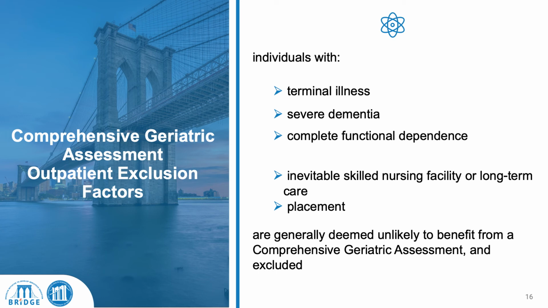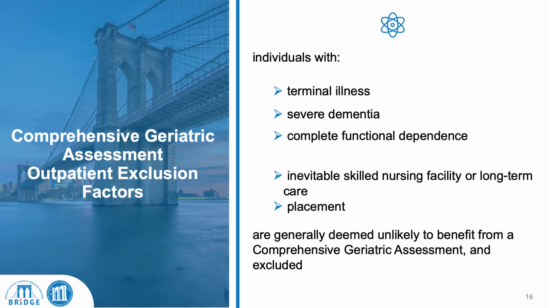Inevitably, skilled nursing facility or long-term care placement. So they may currently be outpatient living in their homes, but imminently they will be admitted or recommended to be admitted to a skilled nursing facility, nursing home, or assisted living facility. And these individuals are generally deemed unlikely to benefit from a comprehensive geriatric assessment, and therefore they're excluded.